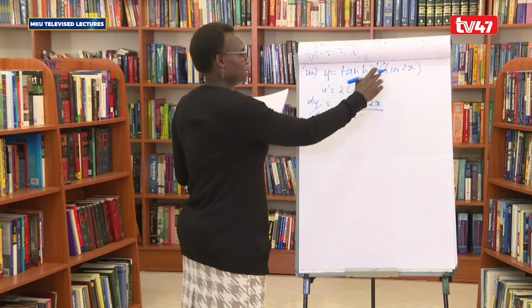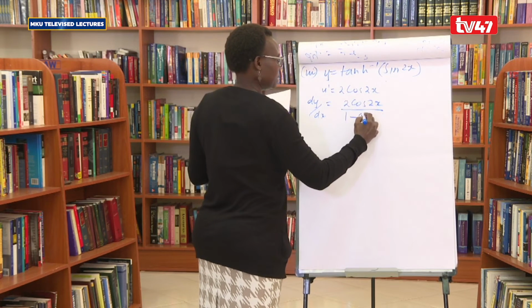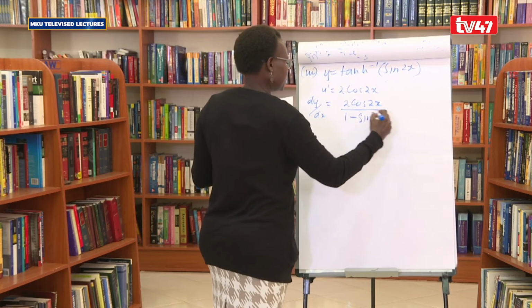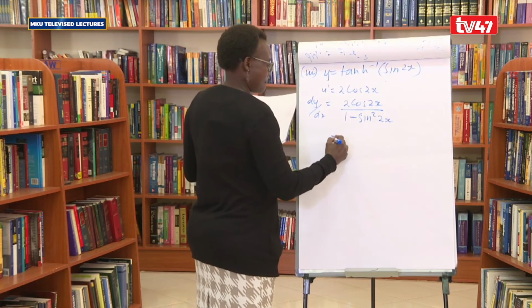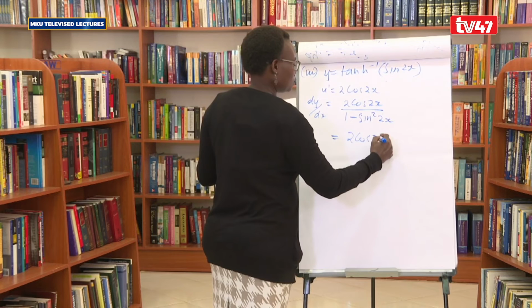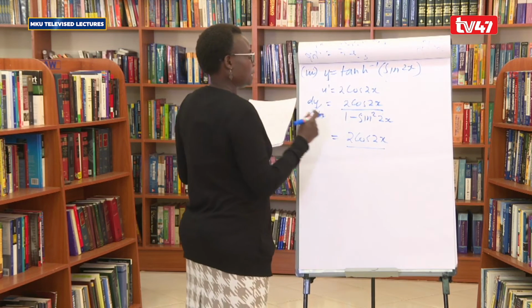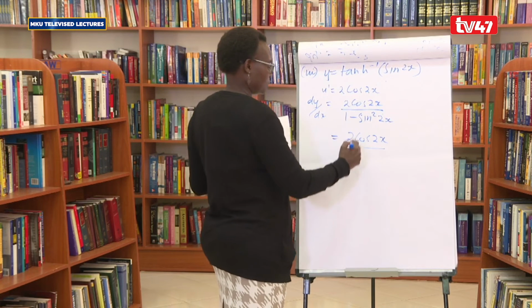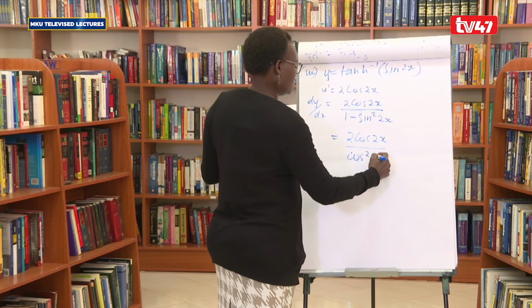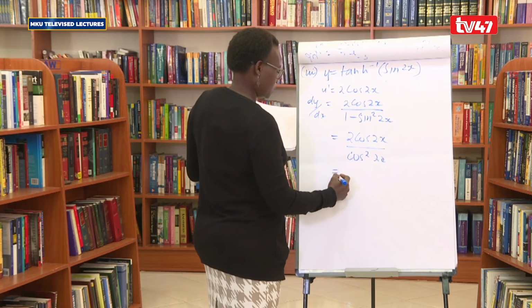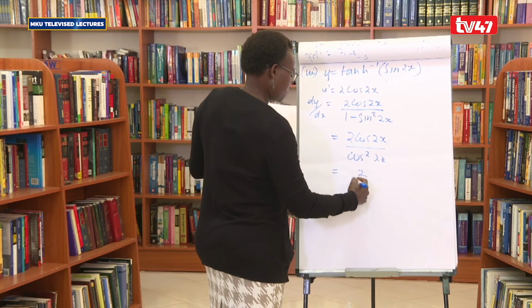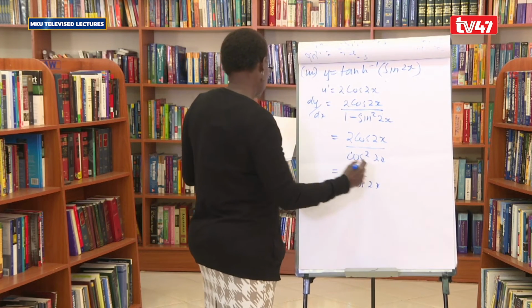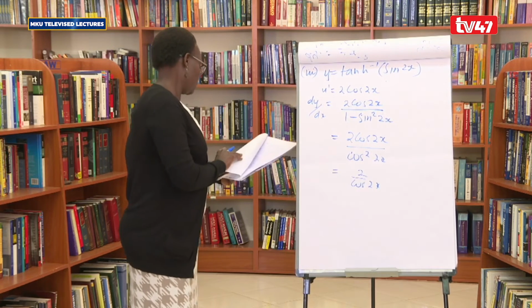So u is sine 2x, so u squared will be sine squared 2x. 1 minus sine squared 2x is the same as cos squared 2x. So our answer is 2 over cos 2x.